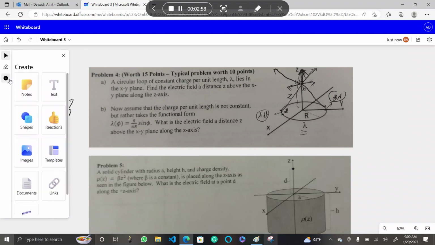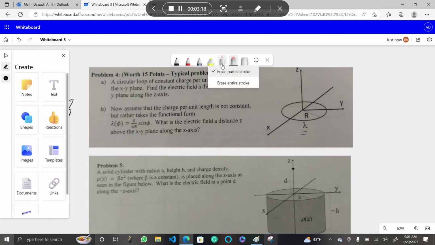Now in question number 2, we'll be discussing the non-uniform charge distribution.